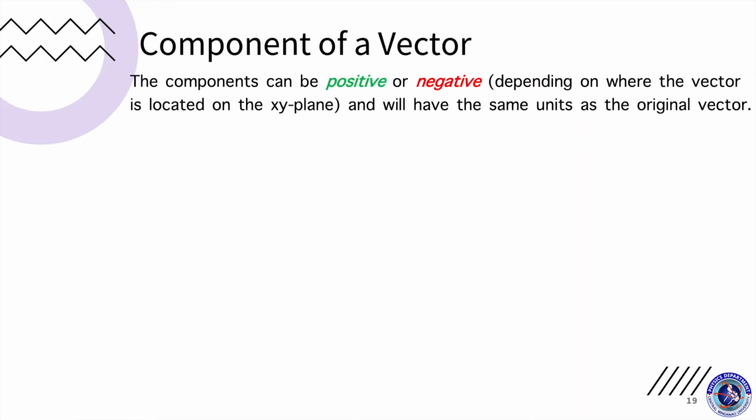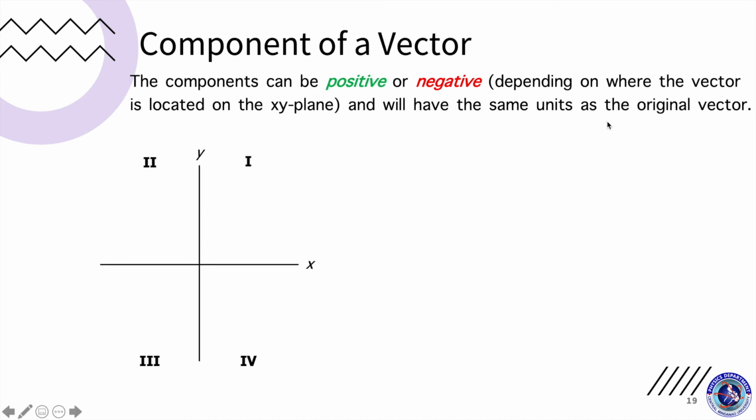The components of a vector can be positive or negative depending on where the vector is located on the xy plane, and will have the same units as the original vector. So for example, as a review from your mathematics, you'll have the first, second, third quadrant. If your vector is lying along the first quadrant, then both of the components are positive.